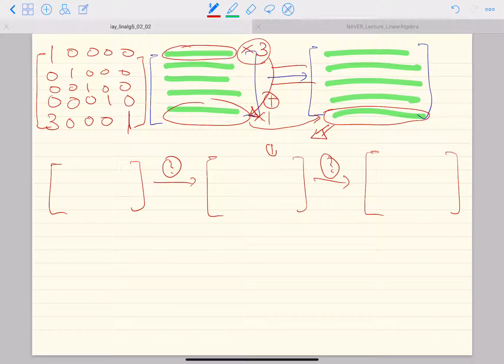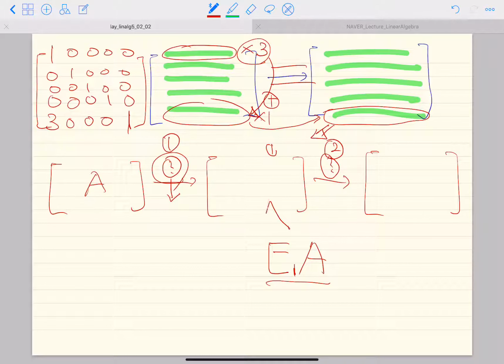This is the typical pattern of the answer you would write in the answer sheet. But now this can be represented as a matrix product. Let's suppose this is an original matrix A, and we obtain the corresponding matrix that is multiplied here for the first step of Gaussian elimination. Let's denote it E1.